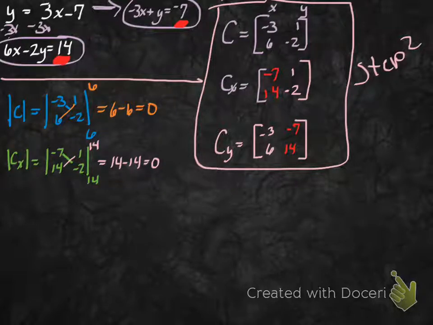And the last one we have is when I replace my y's. The determinant when I replace my y's is going to be negative 3 over 6, and then the next column is going to be negative 7 and 14.